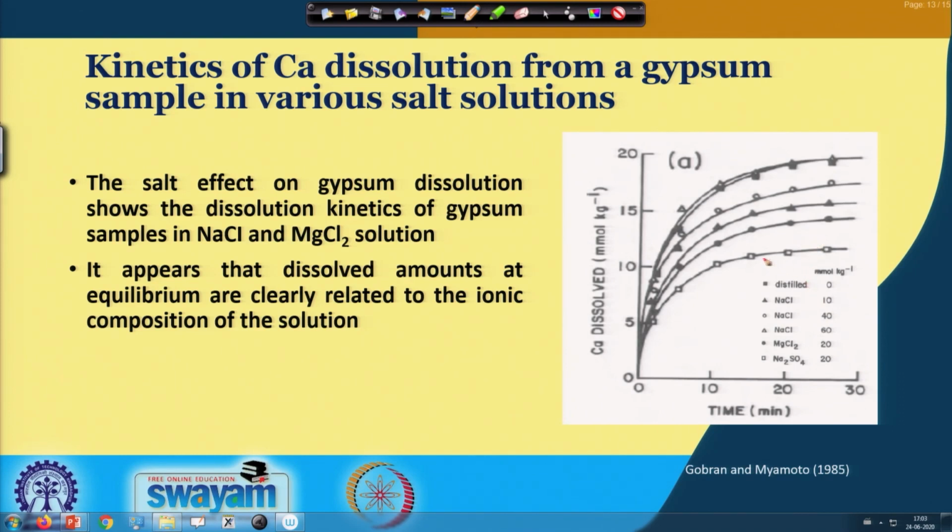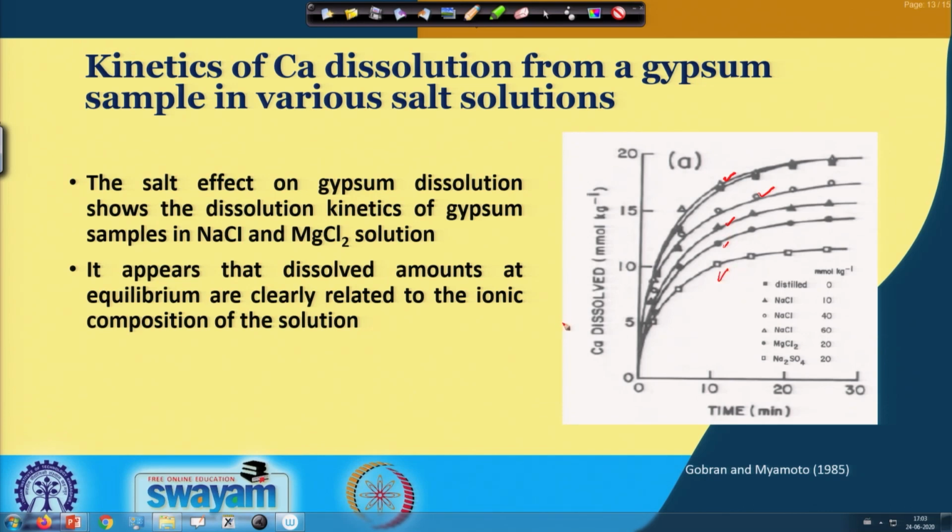So, for example, this one is 10 millimole per kg concentration, and also this is 40 millimole per kg concentration, and this is 60 millimoles per kg concentration. And as far as the magnesium chloride is concerned, we can see here this is 20 millimole per kg concentration, and this is sodium sulphate which is showing 20 millimole per kg concentration.